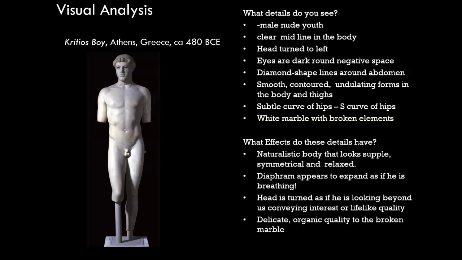I see the diaphragm appears to expand as if this figure is breathing. His head is turned as if he is looking beyond us, conveying interest or a lifelike quality. And the delicate organic quality to the broken marble is evident. Okay, you see what I've done there? I've taken the details that I've observed and I've written down the effects that these details have.